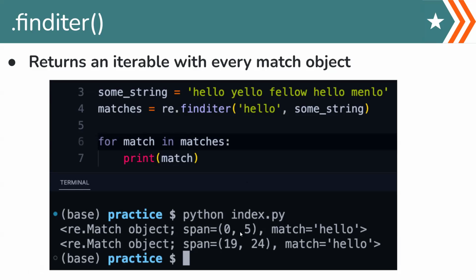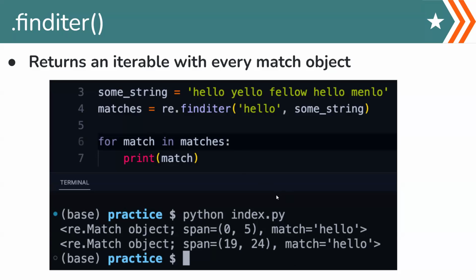We get two attributes that come with it: span and match. Span gives us a tuple of numbers, 0 and 5. This is telling you where it encountered this match: at index 0 up to index 5 is where it encountered hello. 0, 1, 2, 3, 4, and then 5, up to but not including it.